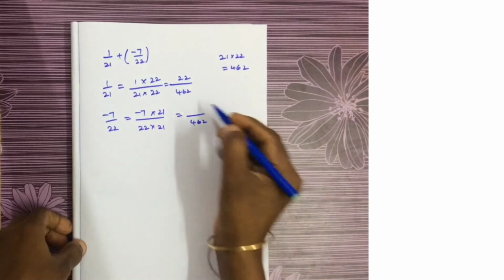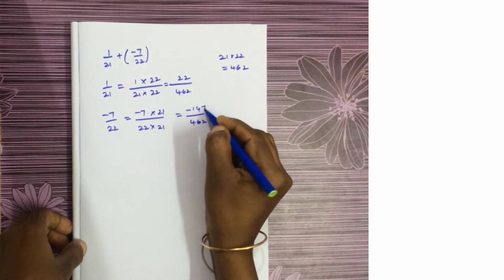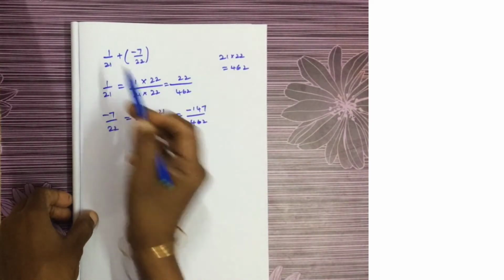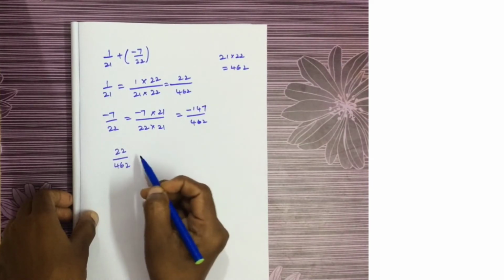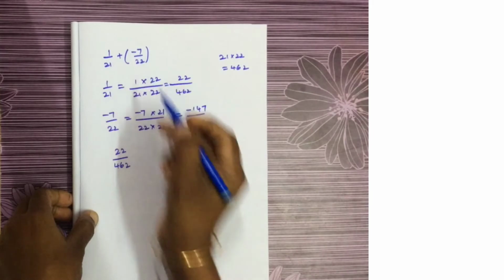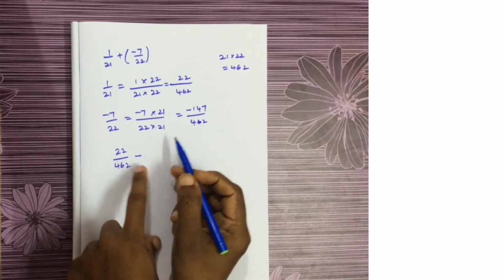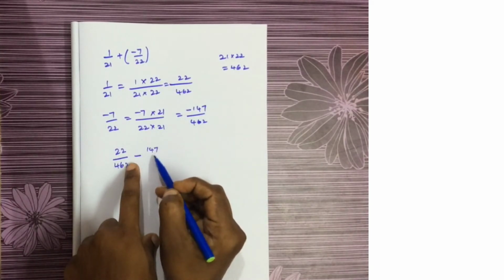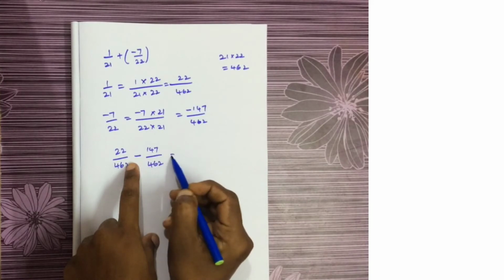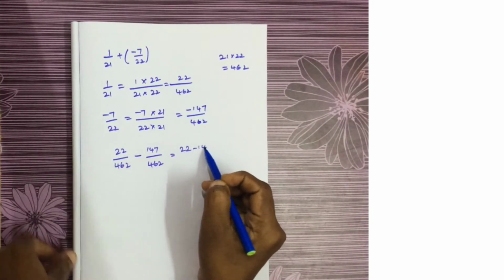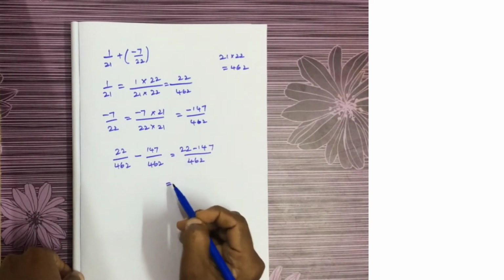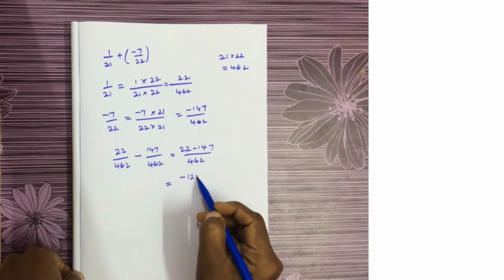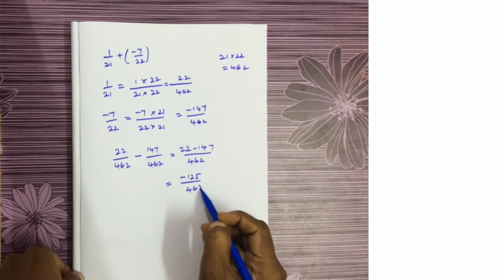Minus 7 multiplied by 21 is minus 147. So instead of 1 by 21, you can substitute 22 by 462. This plus into minus becomes minus, so minus 147 by 462. That is equal to 22 minus 147 divided by 462, which equals minus 125 by 462.